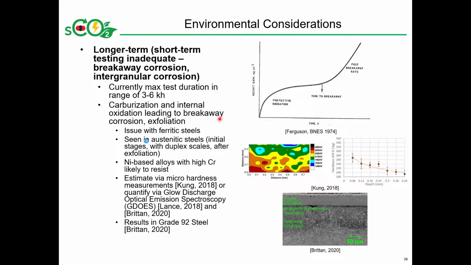So depending on the material you have and the extent of internal oxidation and carburization, that might be an important aspect to study further, and some relatively recent work has been done in that area.